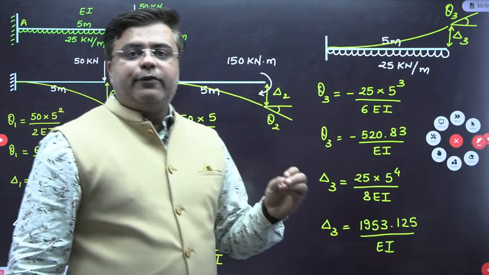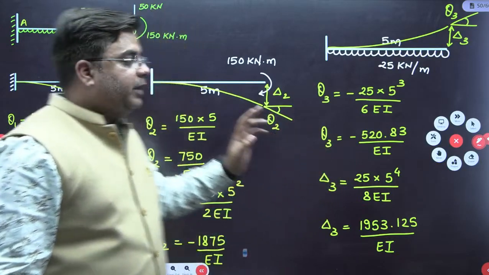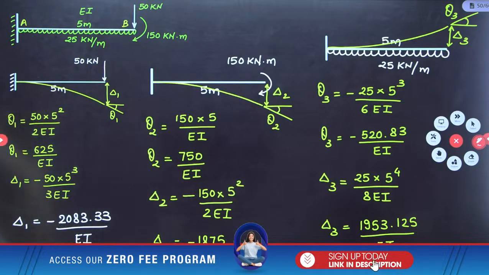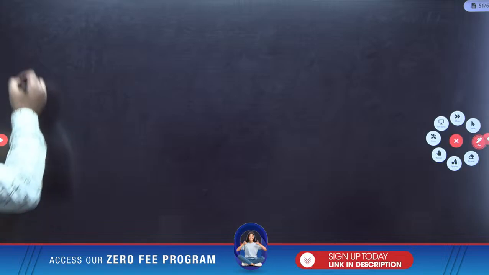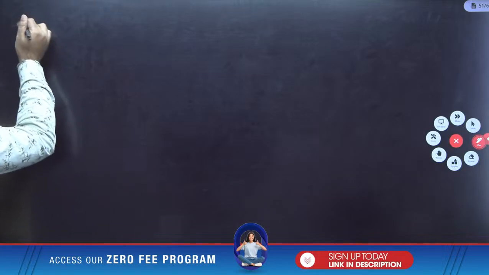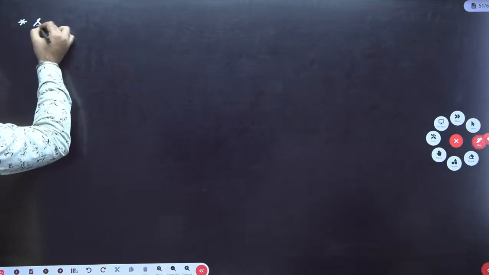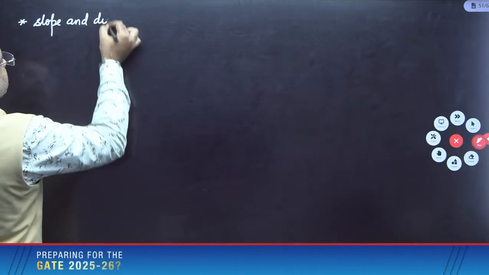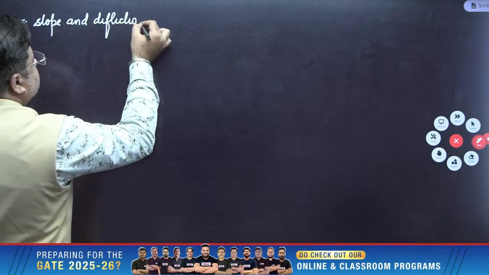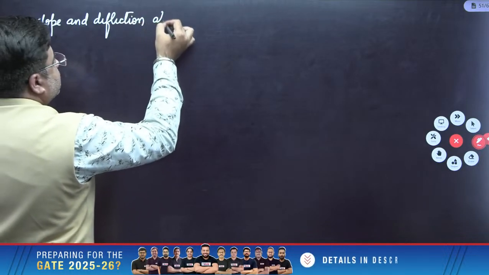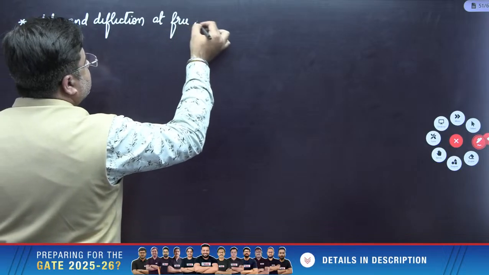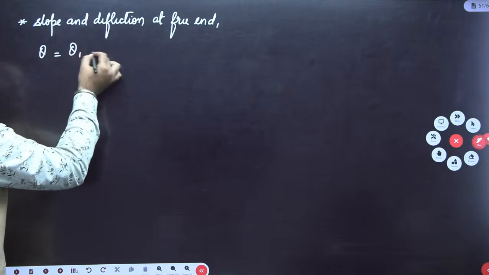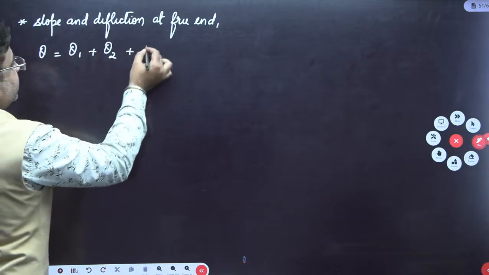Now the combined effect of all these loads will be the net slope and deflection at the free end. So the slope at the free end is theta 1 plus theta 2 plus theta 3. Please take care of the signs.